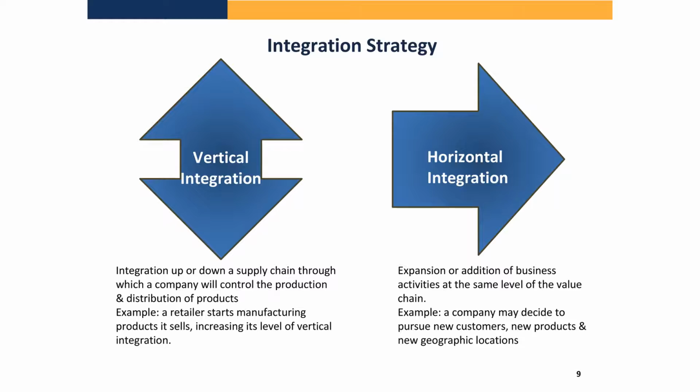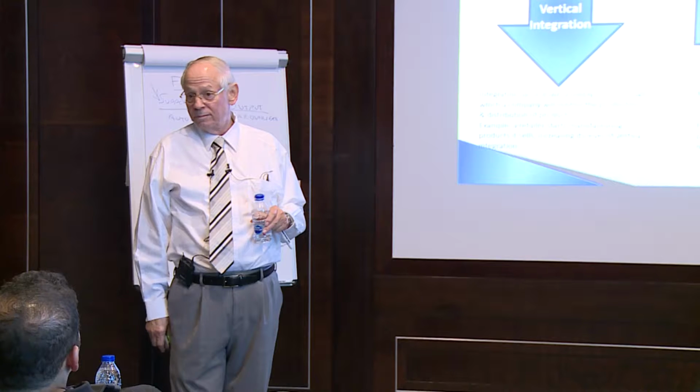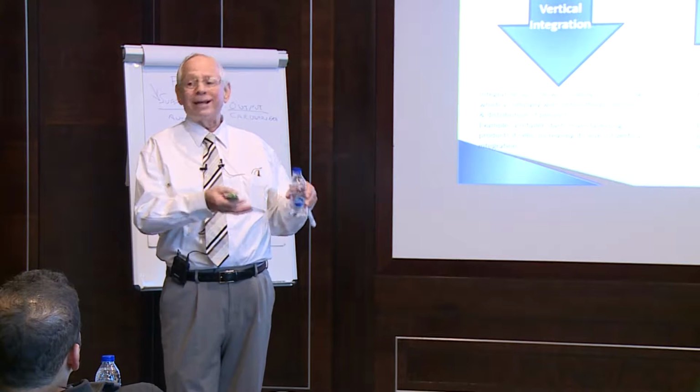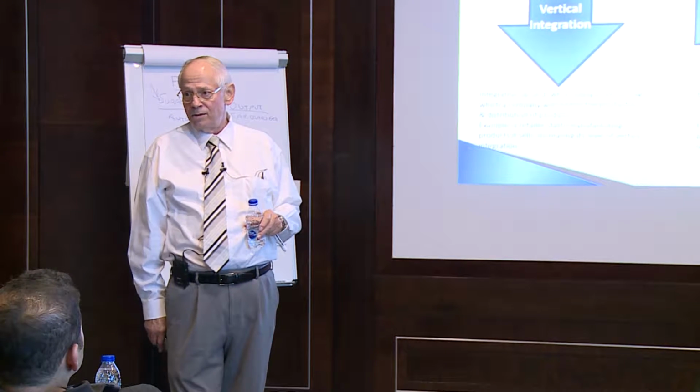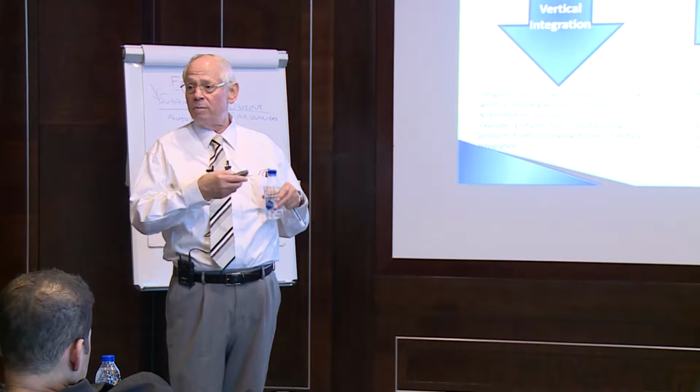Now, horizontal integration, much simpler, is simply expansion or addition of business activities at the same level of the value chain. Example, a company may decide to pursue new customers, new products, new geographic locations. Horizontal integration simply means you're buying your competitors. How am I going to grow my business? I'm going to buy my competitors. Okay? So I'm basically buying companies that manufacture similar products to me.